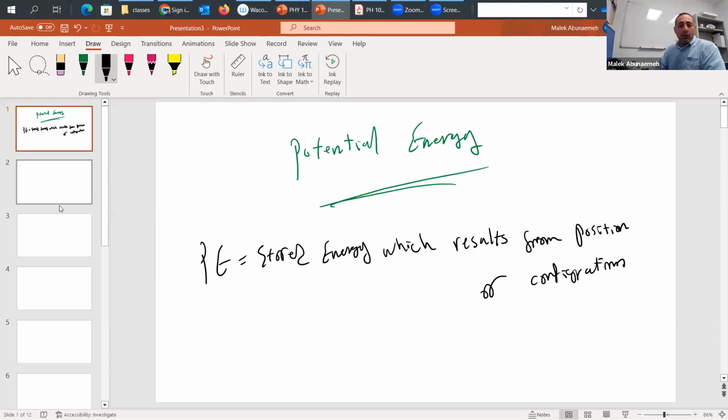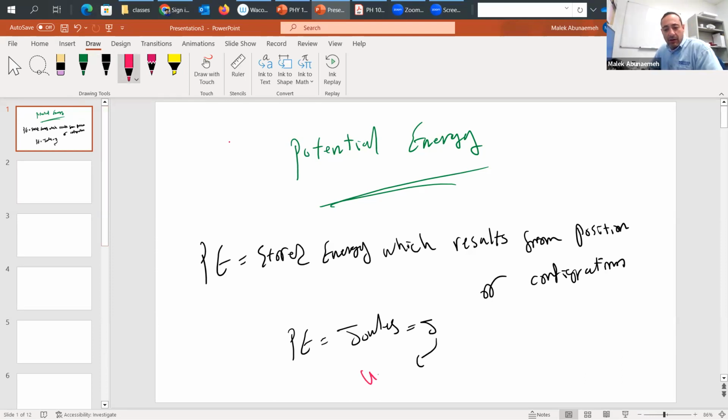Now, when you talk about potential energy, we're talking about joules, which we give the letter J, which is going to be your unit for your potential energy.